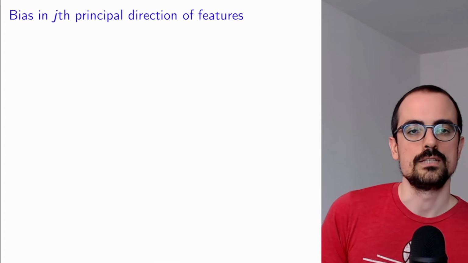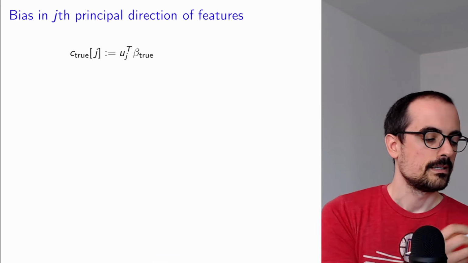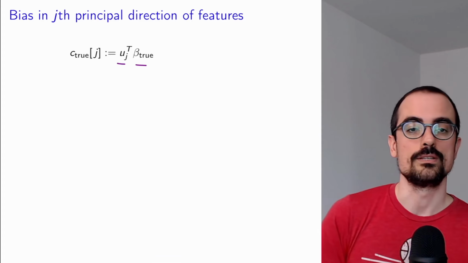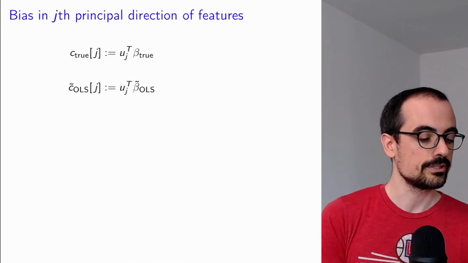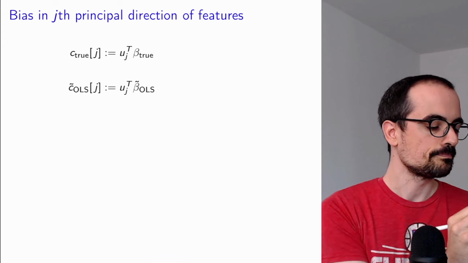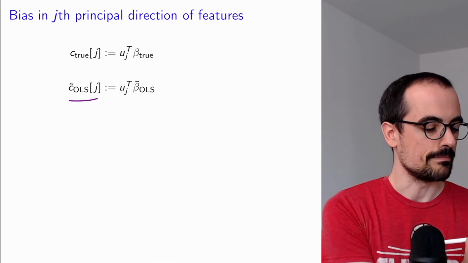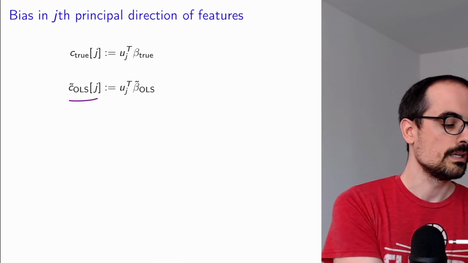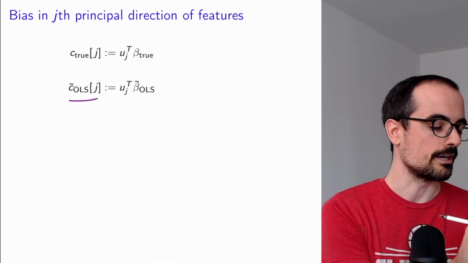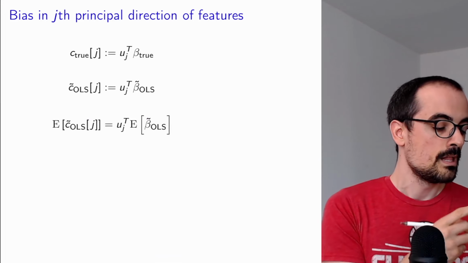If we look at the jth principal direction of the features, the amplitude of the true coefficients in that direction is the inner product between the principal direction and the true coefficients. The amplitude of the OLS coefficients in that direction is also the inner product of that principal direction with the OLS coefficients.